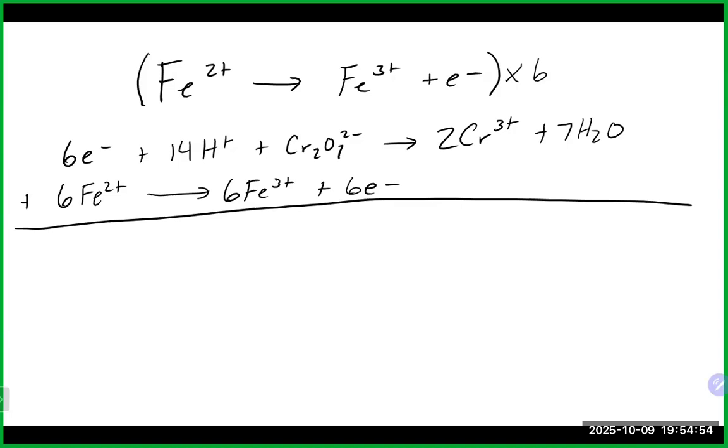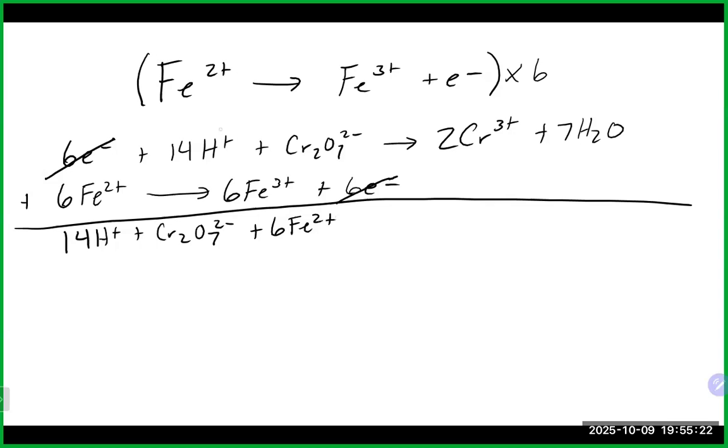What should always happen, as we talked about, is the electrons should always cancel out. They're on opposite sides of the arrows, one on the left, one on the right, so they're going to cancel out. At this point, everybody on the left-hand side of the arrow stays there, and everybody on the right-hand side of the arrow stays there. So writing everything on the left, we have 14 H+ plus Cr2O7 2- plus 6 Fe2+.